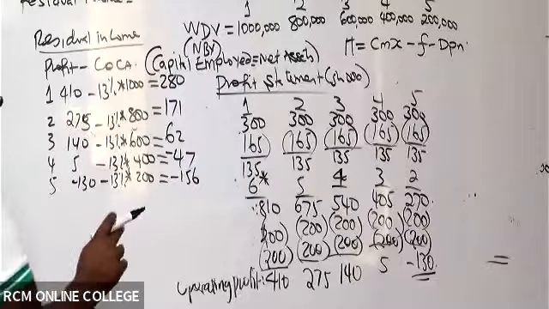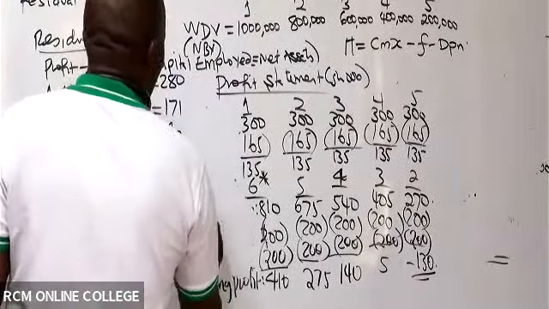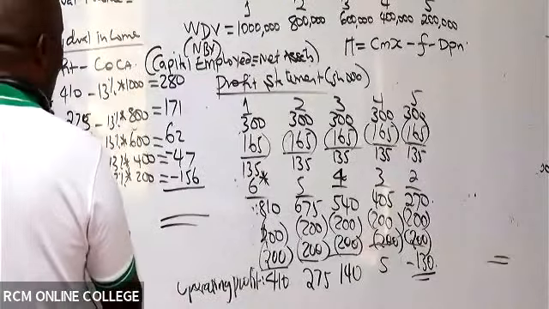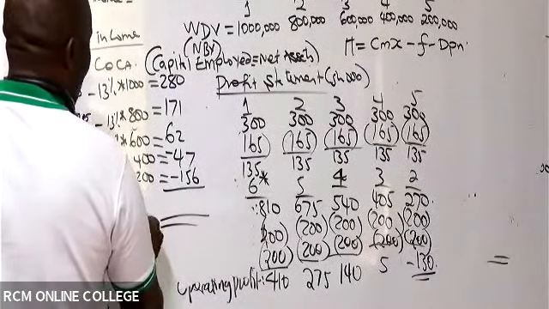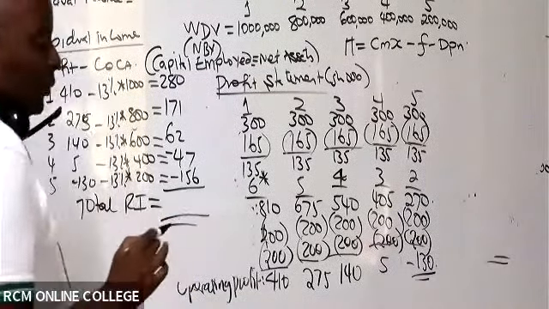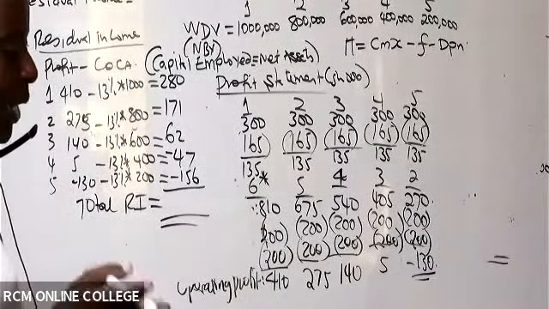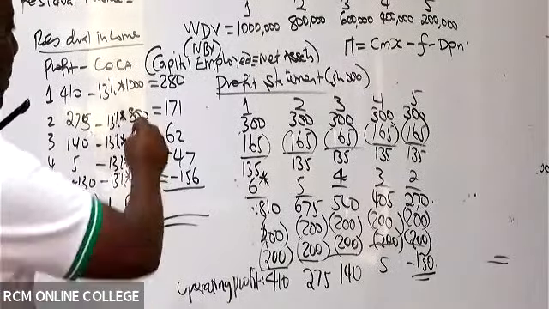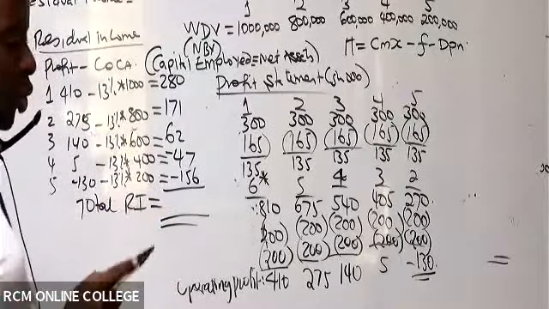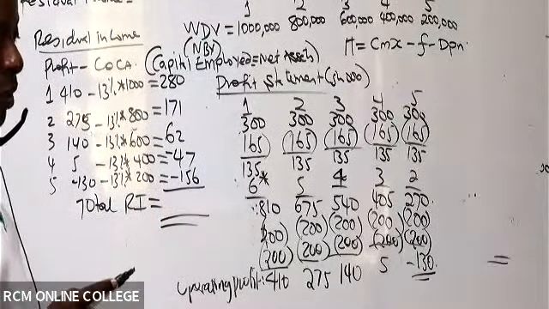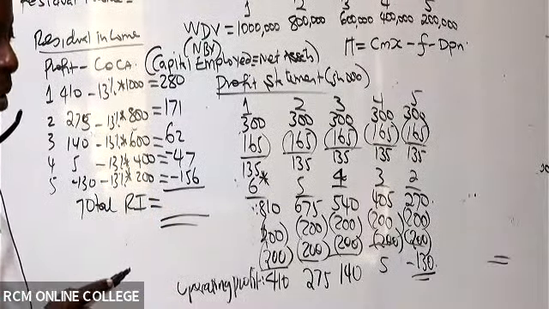Should they ask us to give them the average residual income, then first of all, I will come here and give them the total residual income by doing the summation.